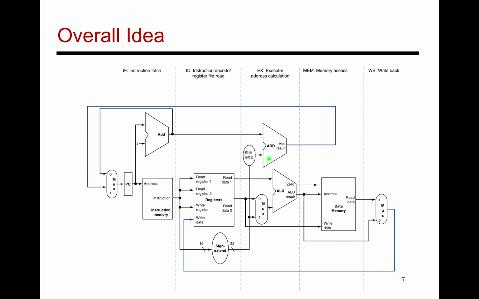Then we do execution or ALU operations in the next cycle over here. Then we do memory access in the next cycle. And finally, once we have our memory operations, then we do the write back to put things back into the registers, and then we are done. Okay, so these are the 5 stages of the pipeline.